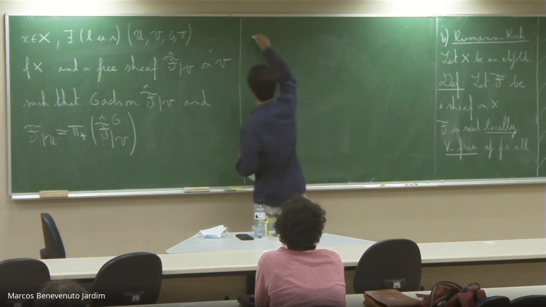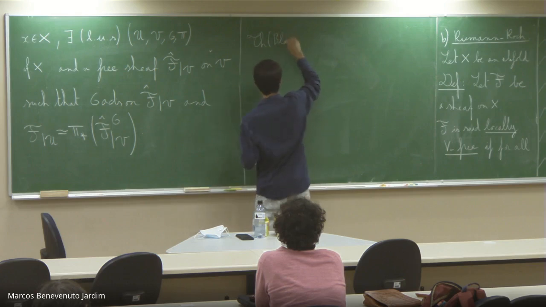So it's a generalization by Blasch, so it should be called the Blasch-Riemann-Roch theorem.